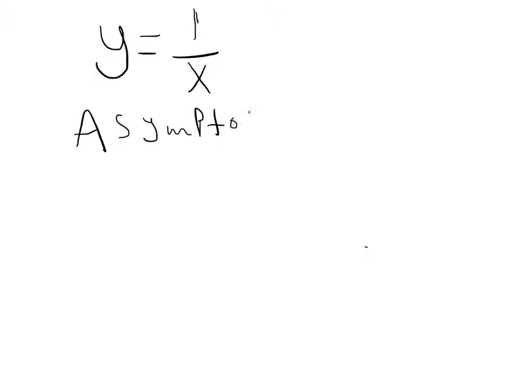The parent function for a rational function is y equals 1 over x. An asymptote is a line on the graph that the lines you plot will never touch, though they come super close.